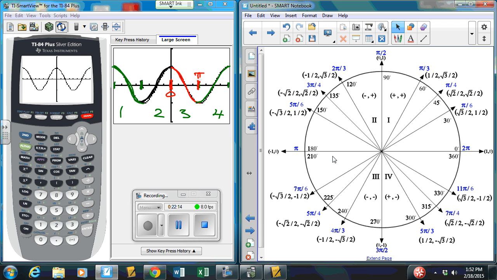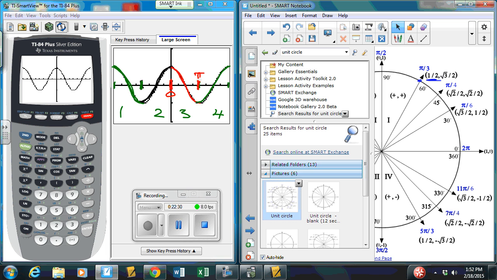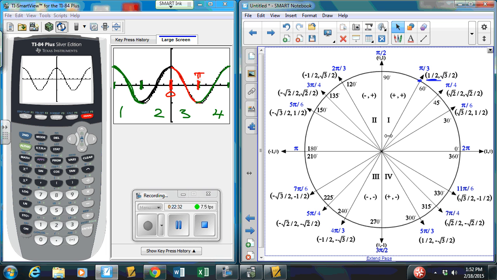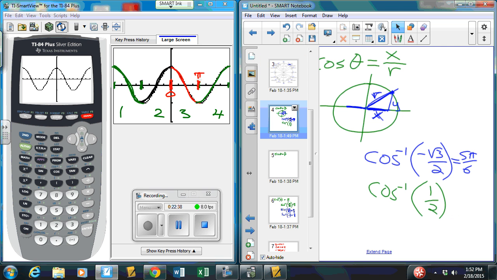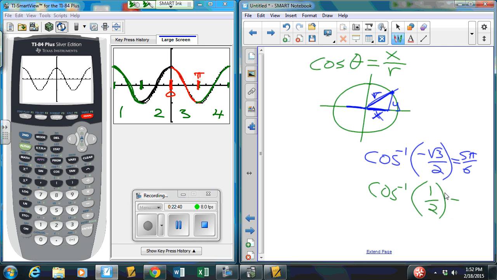Haley. Okay, pi over 3 is the correct answer because the x value is 1/2 right there, right? So we have pi over 3 in that one.